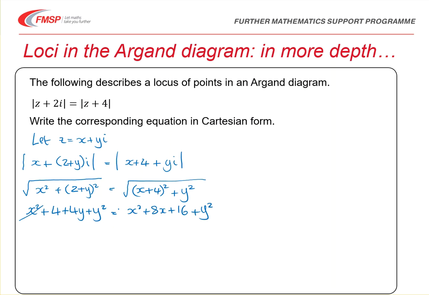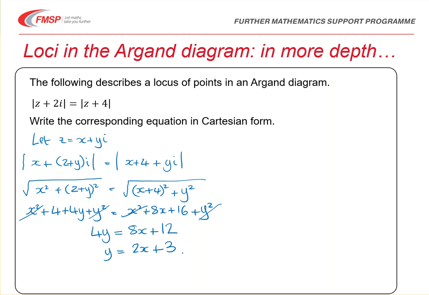If we subtract x squared from both sides and subtract y squared from both sides and tidy up a bit, we end up with 4x plus 4 equals 8x plus 16, so 4y is not needed; rearranging gives y is equal to 2x plus 3. So we have the equation of a straight line with gradient plus 2 and y-intercept of 3.